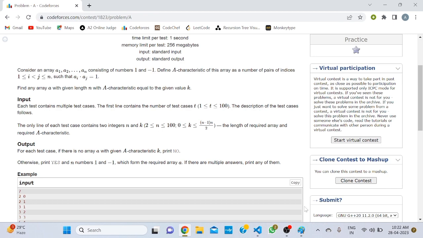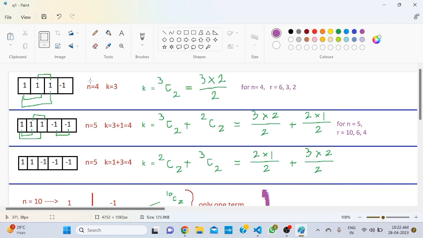So suppose let's take an array of size 4, n equal to 4 and k equal to 3. So here k equal to 3 means that there are total 3 pairs in this array whose product is 1. Suppose we take first one and second one, these two elements' product is 1.